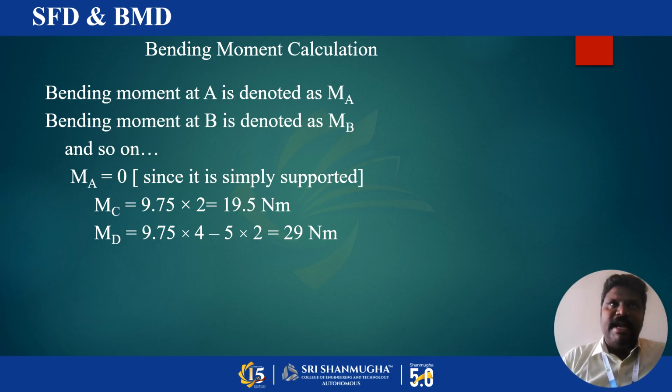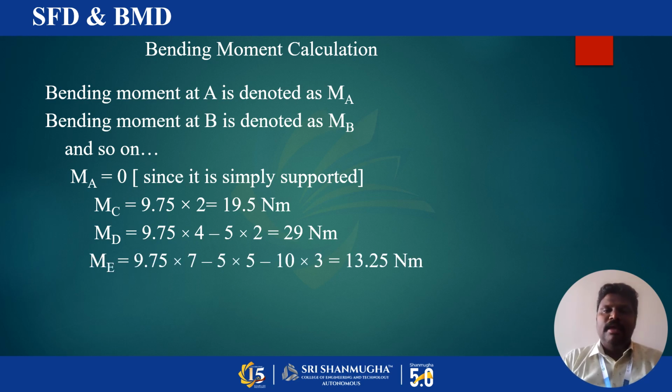I am calculating the bending moment at the points C as well as D. For the bending moment at C, taking the moment with respect to the point A, on the left side, 9.75 RA into distance 2. For D, RA into 4; left side clockwise is positive, so 9.75 into 4 minus 5 into 2, the 5 acting at the point C. We get the value of MD as 29 Newton meter.